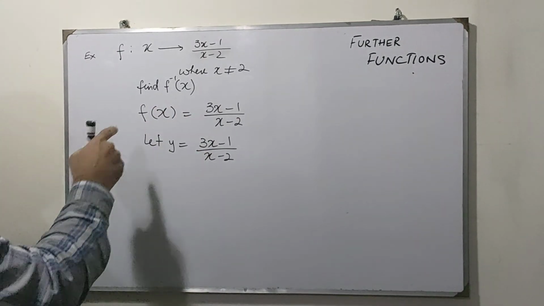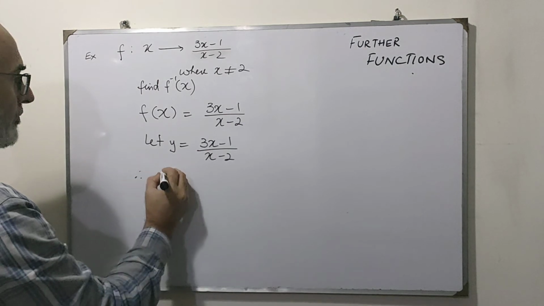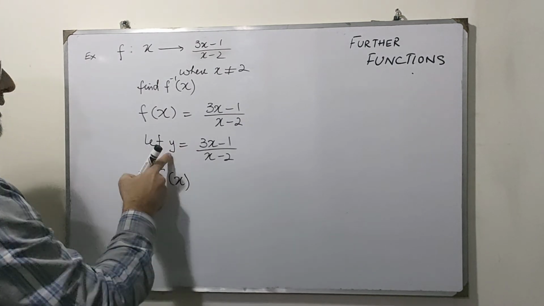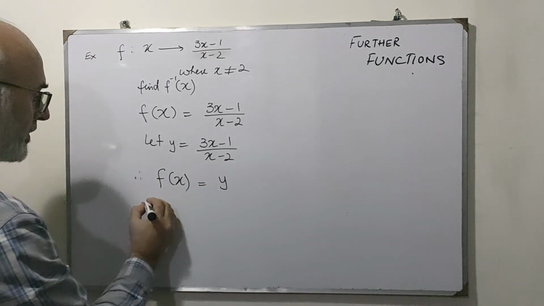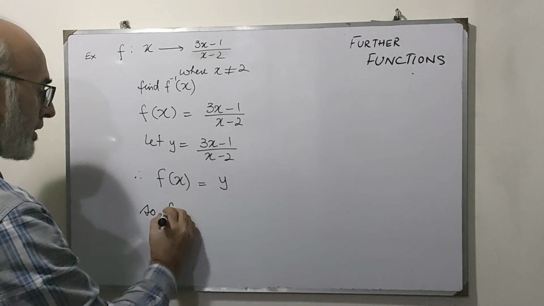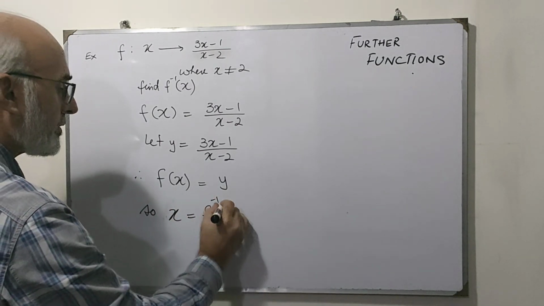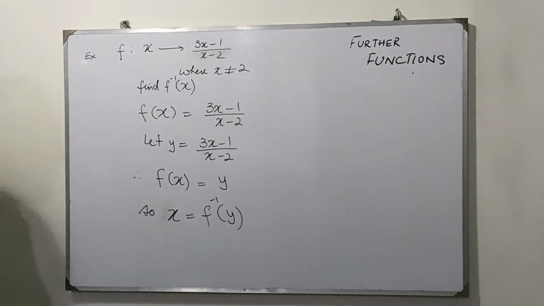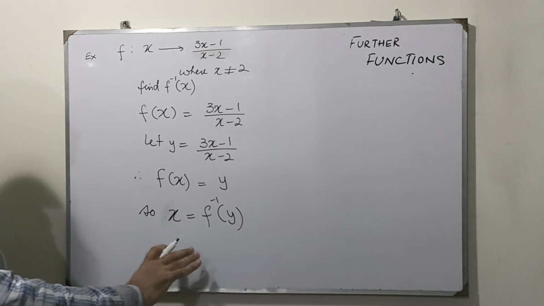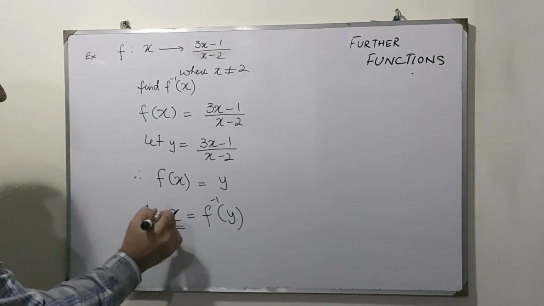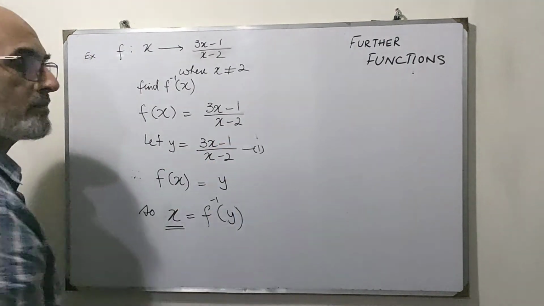Now if this is equal to y, therefore f(x) is equal to y. Now the inverse thing, so x is equal to f inverse y, right? So we have inverse here. Now what do we need? We need x values.